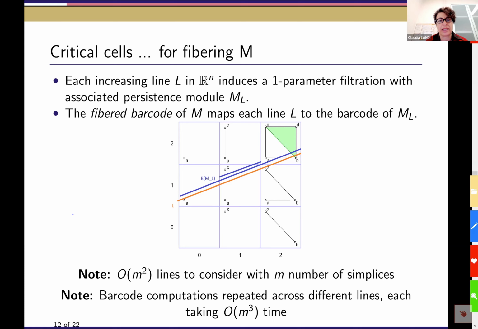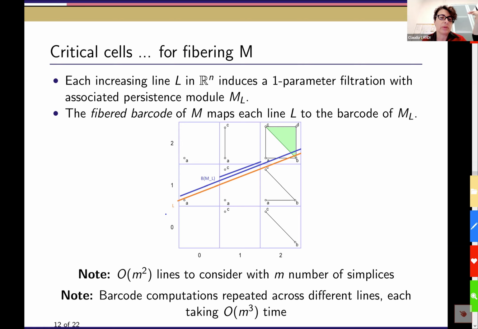It can work with n parameters, and now we slice. So from this filtration we can get a persistence module which can be sliced. Slicing the persistence module means that we restrict the persistence module to a line L, such as, for example, the orange line, which needs to be increasing.